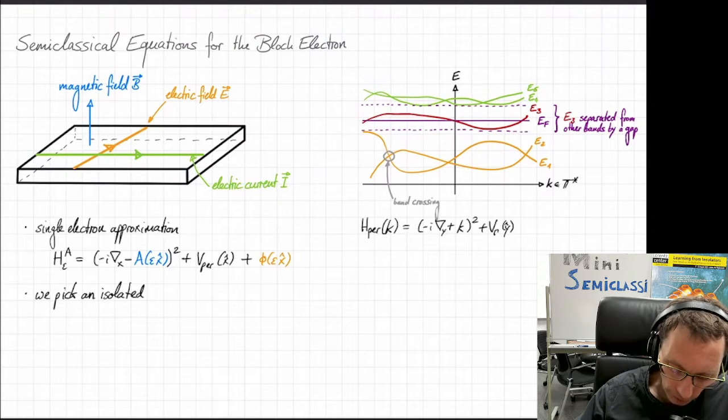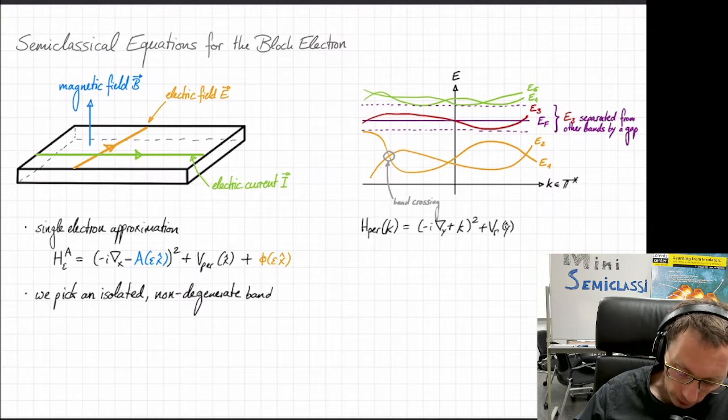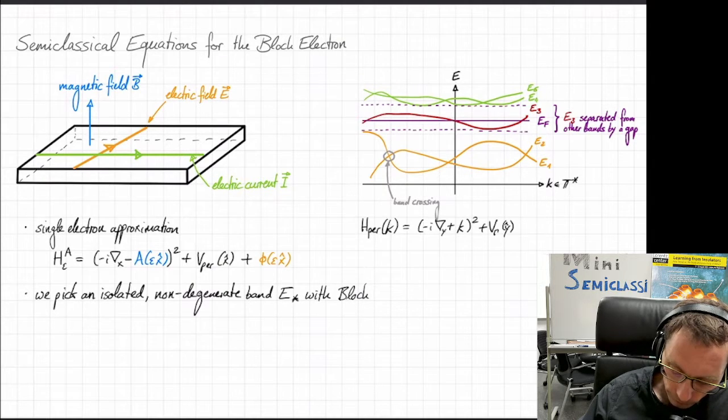And to just abbreviate the assumptions, let me call it an isolated non-degenerate band, and I call it E star. So star stands for a specific band index, in this case E3, with the Bloch function phi star, also depending on k.